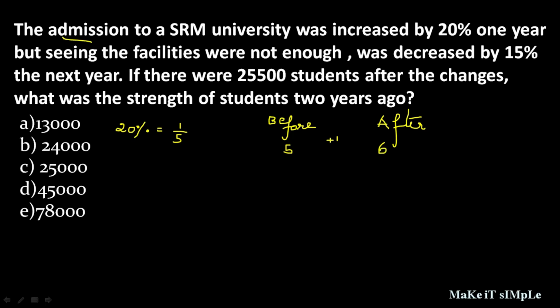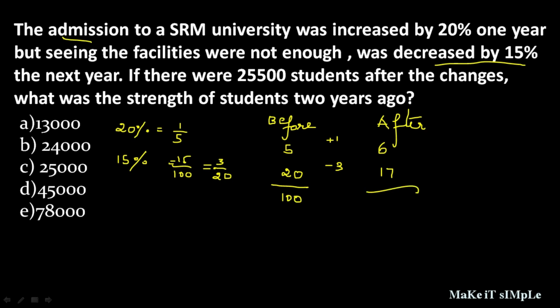Next, the decrease of 15%. We can write 15% as 15 by 100. When we cancel it, we will be getting 3 by 20. So it is 20 units reducing by 3, so we will be getting 17. Here before it is 100, after it is 102, since 6 7s are 42, 4, then 10.